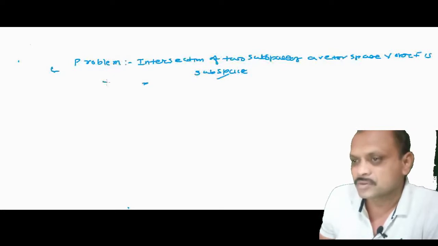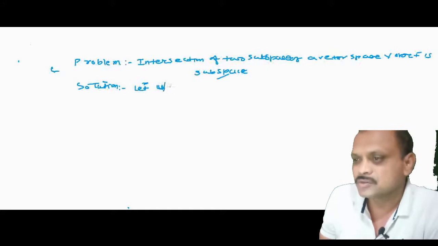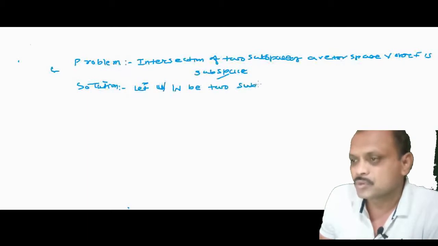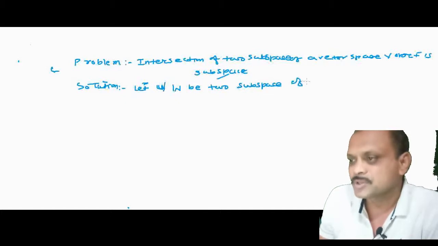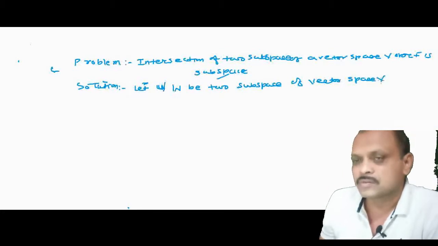So let us solve this. Solution. First we suppose let U, W be two subspaces of vector space V. Now what we have to show?